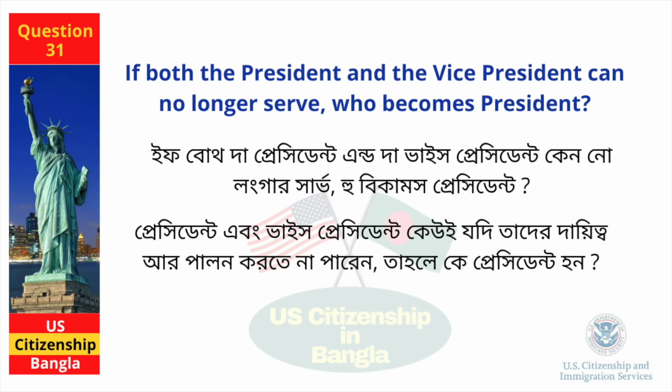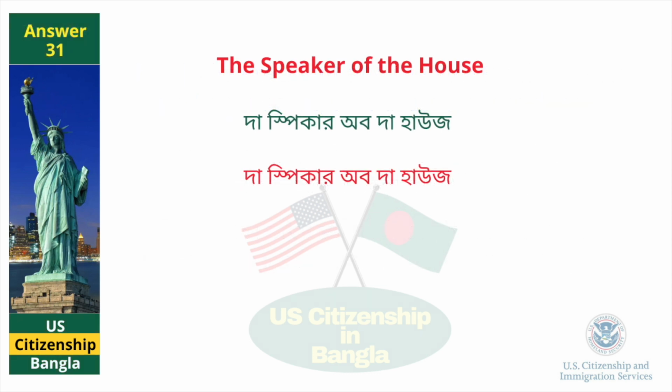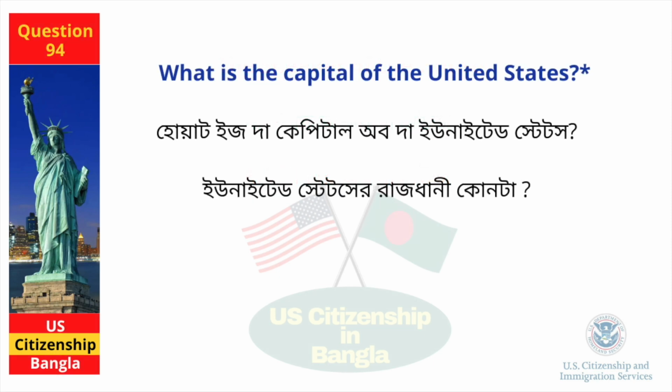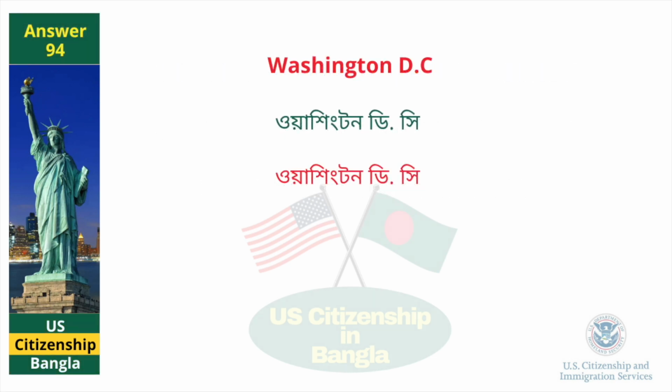If both the president and the vice president can no longer serve, who becomes president? The Speaker of the House. What is the capital of the United States? Washington, D.C.